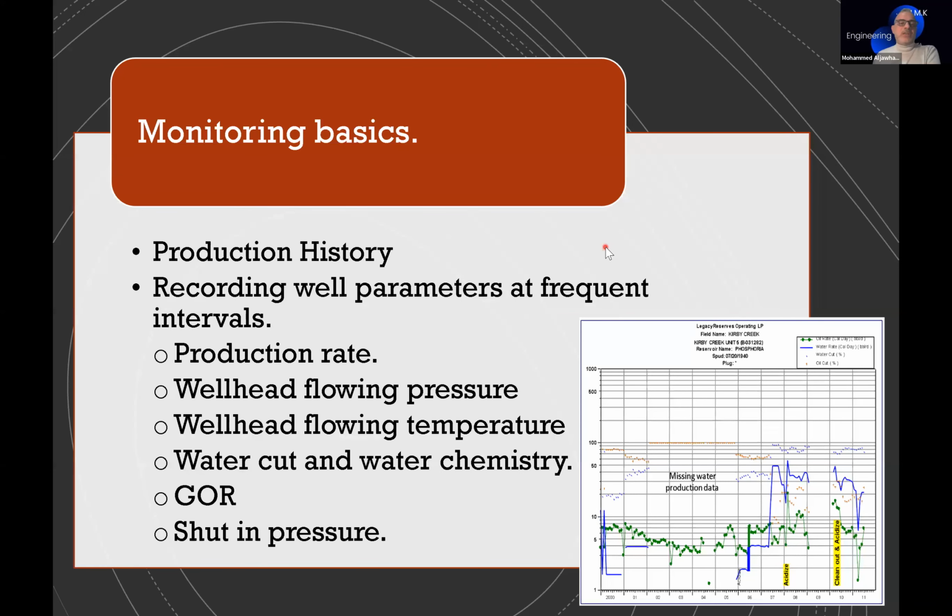So, as monitoring basics, daily basis monitoring and production history, you can see what the well is doing. This is a very important part of any well performance monitoring. If we have missing data and we don't know actually what is happening, the remedial action afterwards will not be easily predicted and not easily implemented.